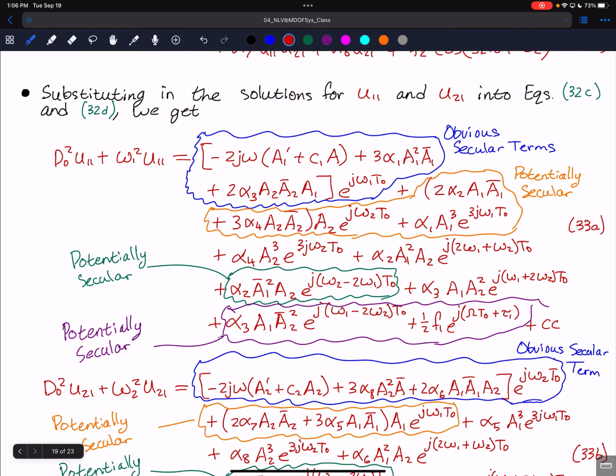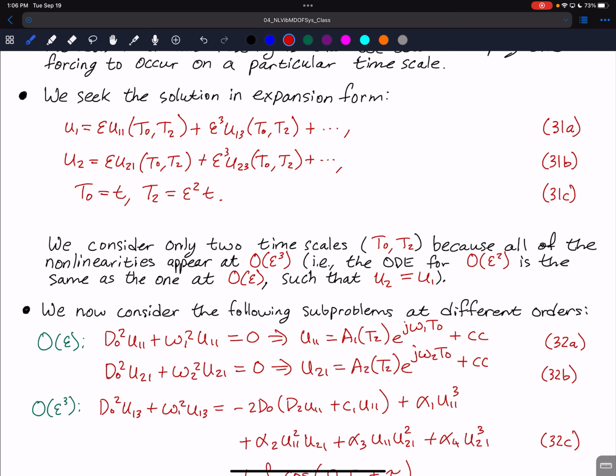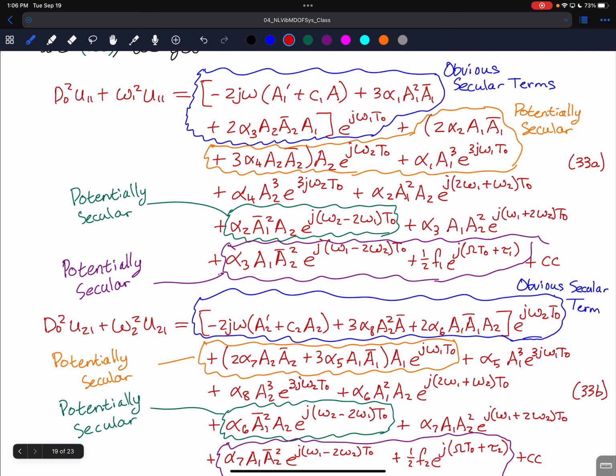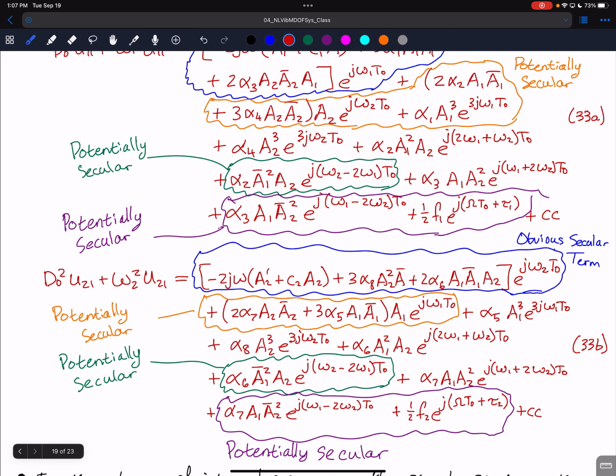Just before we move forward. Here, when you're choosing the potentially secular terms, do you look at both equations or just one equation? For example, the green one and the second and the third. When you say omega 2 minus 2 omega 1, and we made an assumption that omega 2 is bigger than omega 1, how can we get a secular term in this case?